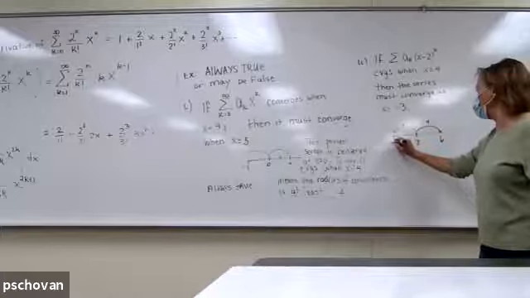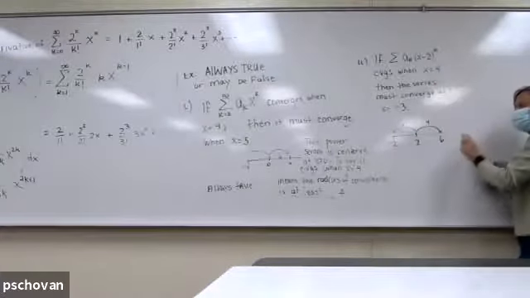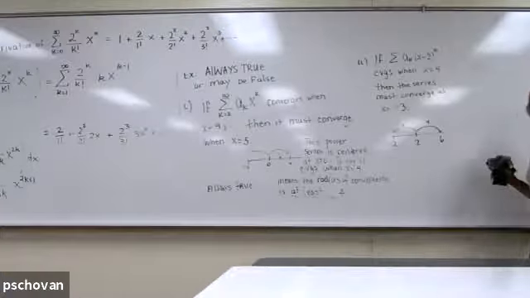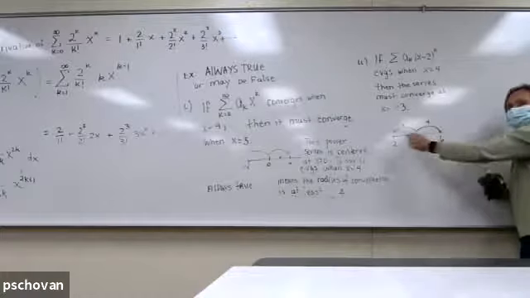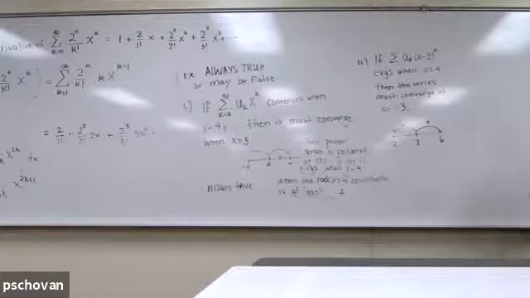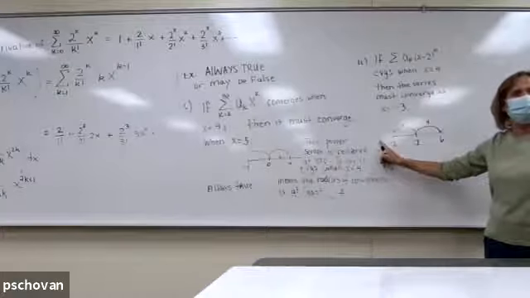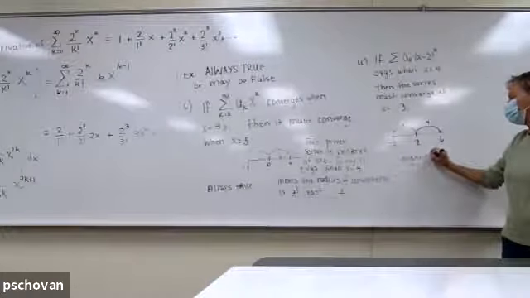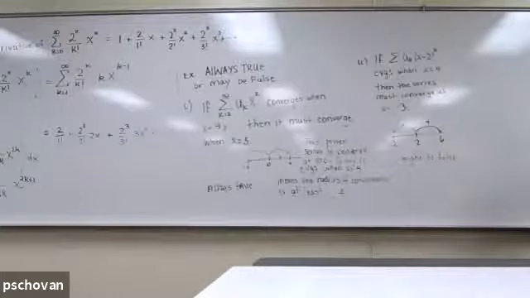And so that's -2. So this guarantees that the series converges for all numbers between -2 and 6. It might converge for more, but it guarantees that it converges within there. -3 is just a bit outside, so it could possibly be false. Could be true, but you're not guaranteed it by that statement.